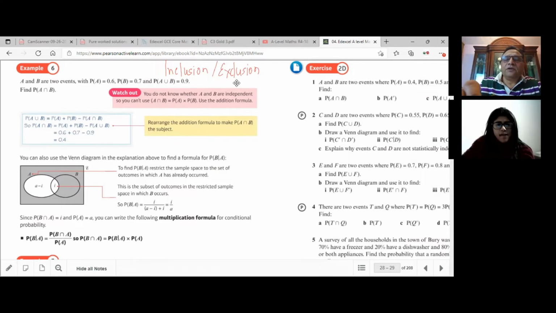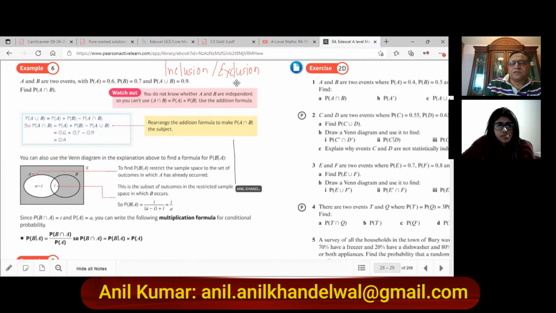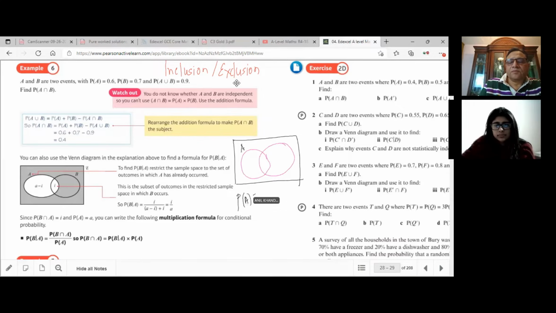So clearly, when we are talking about an event which includes two events A and B, let me just sketch the Venn diagram. This is one event, that's the other event. Let's say this is A for us, and probability of A is 0.6. And this is B for us.